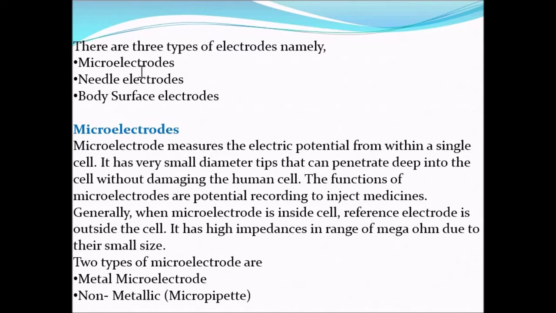Next one is the depth or needle electrode. So what is the use of this depth or needle electrode? These are used to measure the bioelectric potentials of a highly localized extracellular region. Highly localized in the sense that it is difficult to identify a single cell.